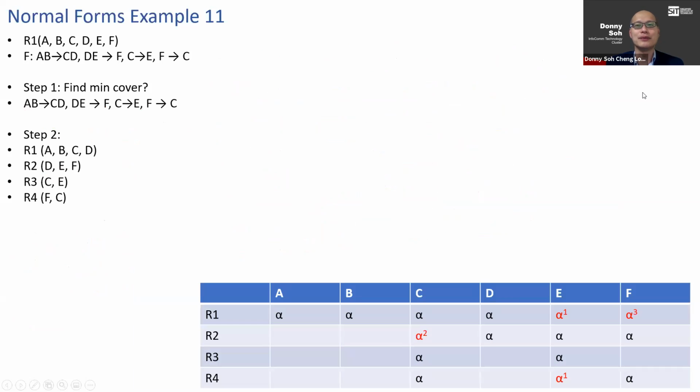Okay, let's move on. So AB implies CD. First we find the minimum cover, and after that we combine this to be the table, DEF to be the table, CE to be the table, FC to be the table.